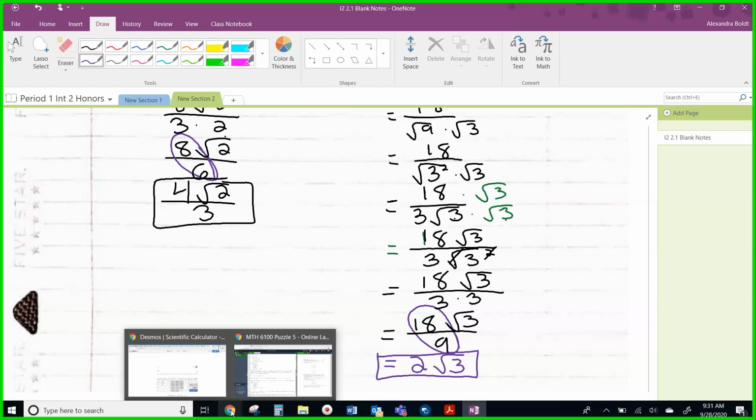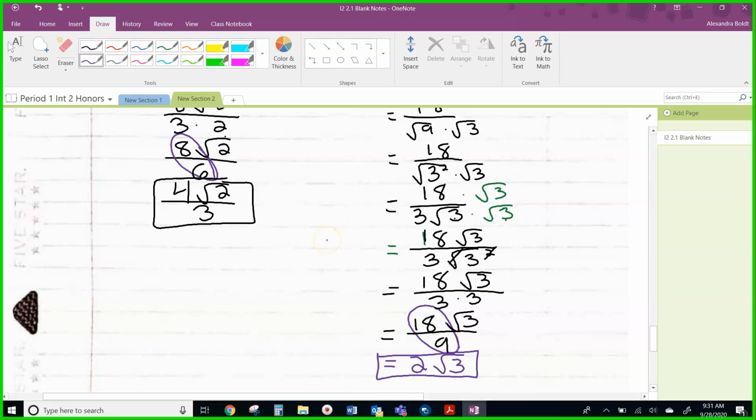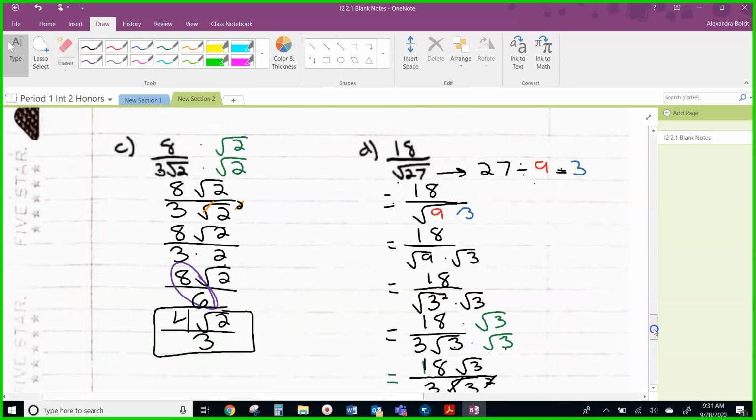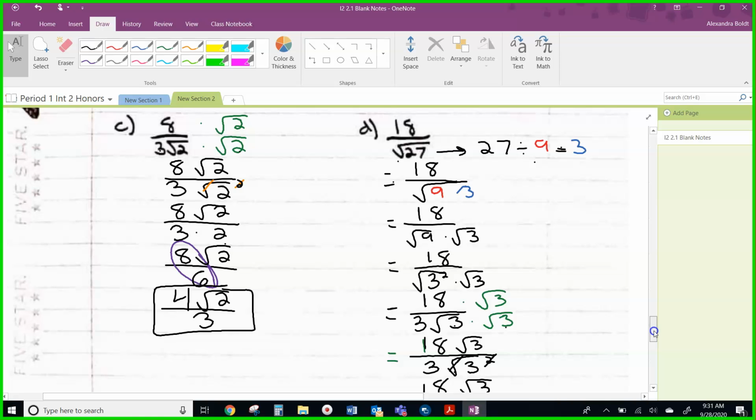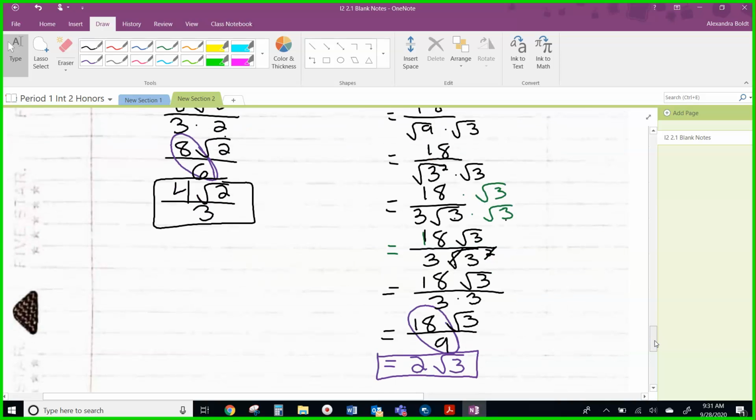Questions on this problem? It's a little bit longer, but it's just really combining. It's like 2 problems in one. It's a simplifying problem and then a rationalizing problem.